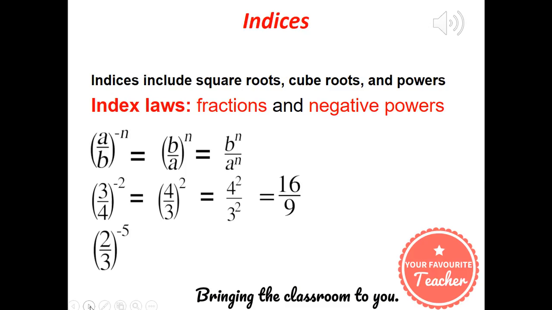Let's take another example. I'm asked to evaluate 2 over 3 to the power minus 5. First step, I turn it over. I get 3 over 2 to the power 5. I then expand that. I get 3 to the power 5 divided by 2 to the power 5.